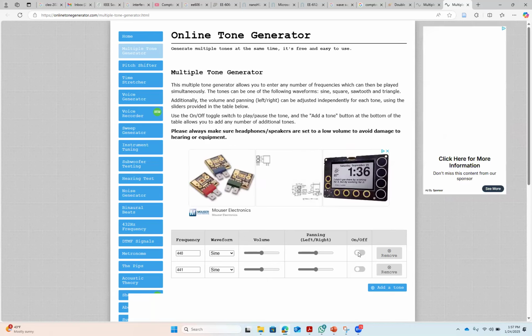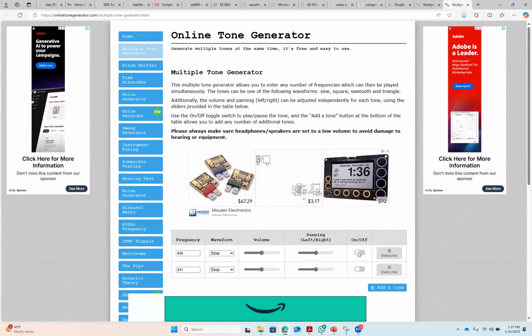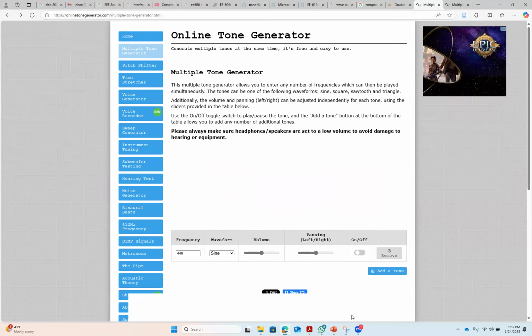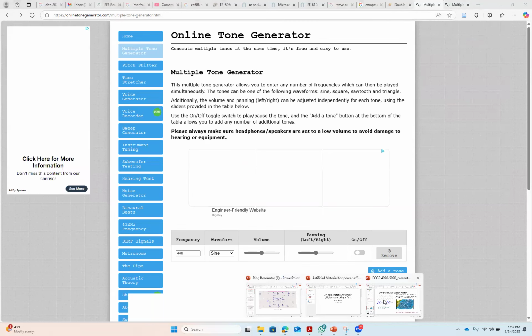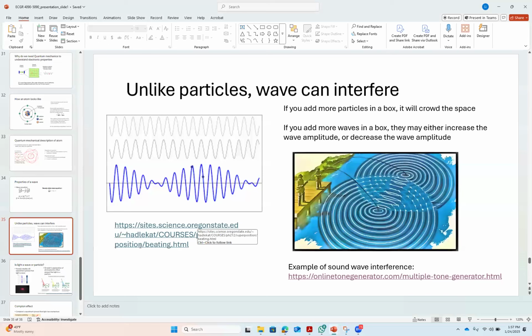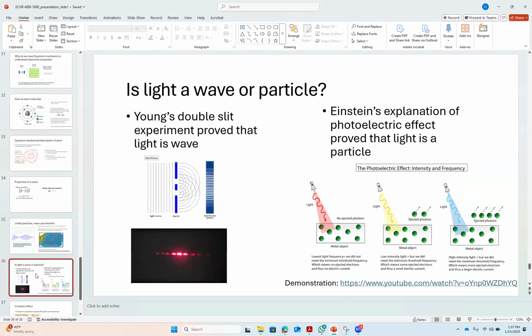Have you heard about Young's double slit experiment? Young's double slit experiment shows that if you take a light and pass that light through two different holes, slits, and let them interfere with each other, it creates a diffraction pattern.